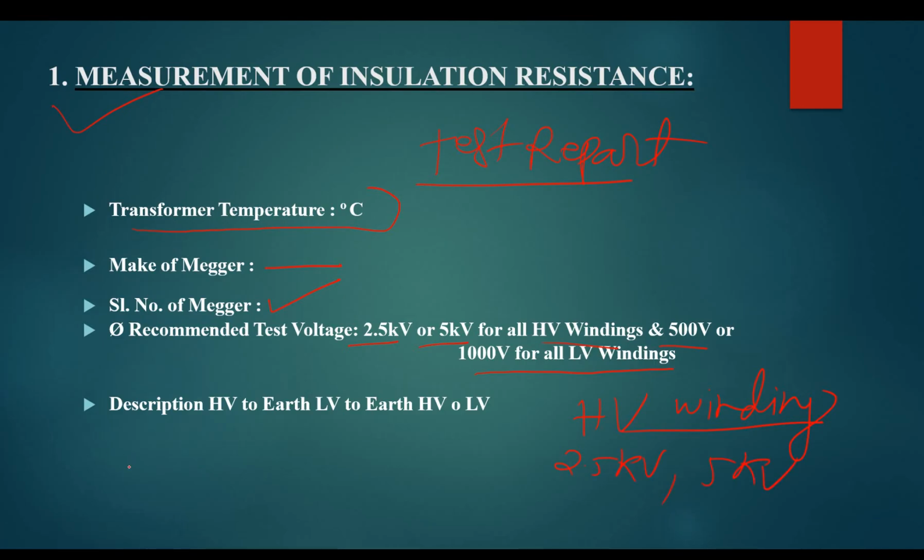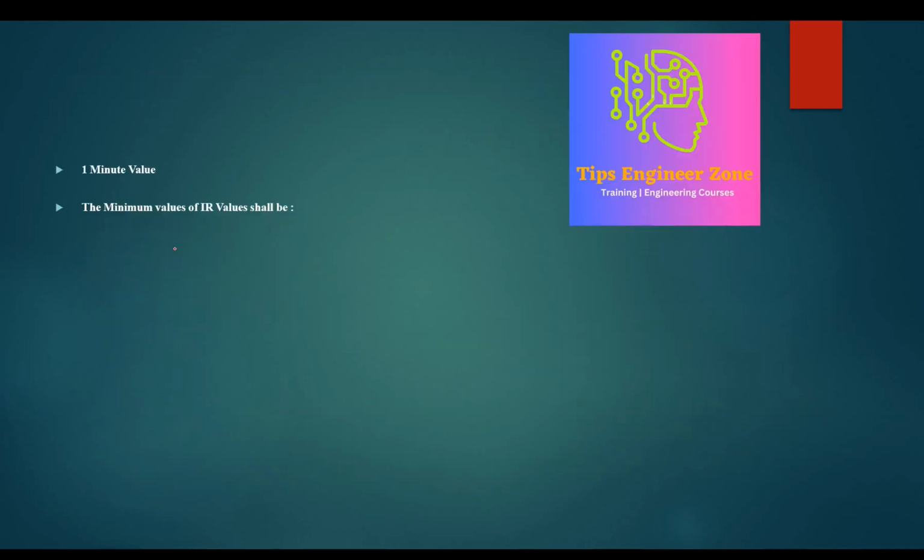And if you measure the resistance of the LV winding, we can use 500 volt or 1000 volt. You can measure insulation resistance between HV to earth, LV to earth, and HV to LV. There are three conditions.